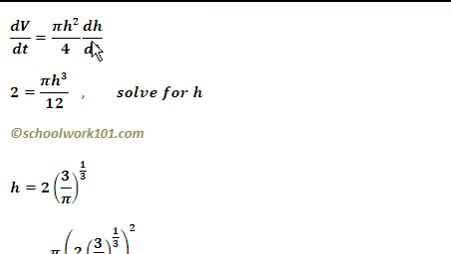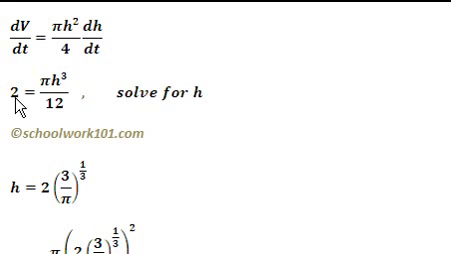Now what we're going to do is plug in everything that they gave us. Remember, we're trying to solve for dh over dt here. They gave us dV over dt, but we didn't get h. But remember the volume, which was pi h cubed over 12.